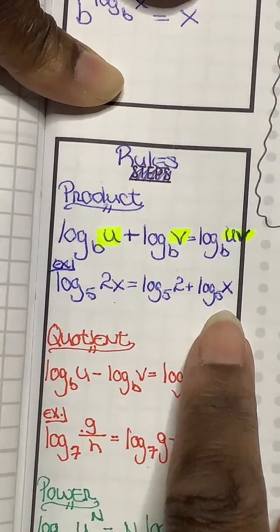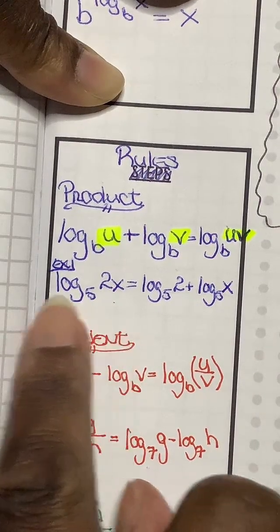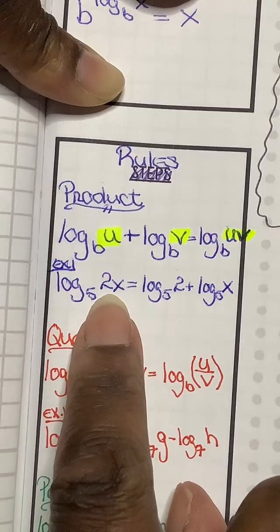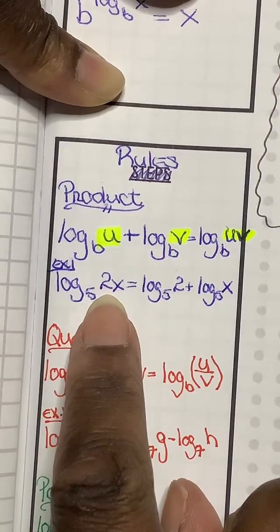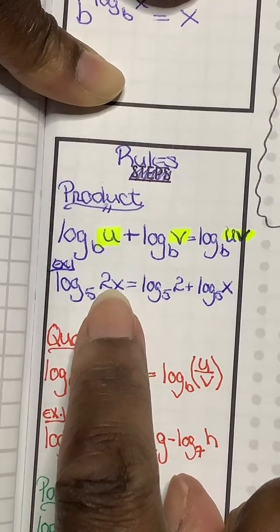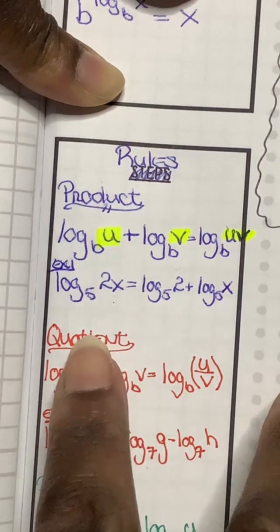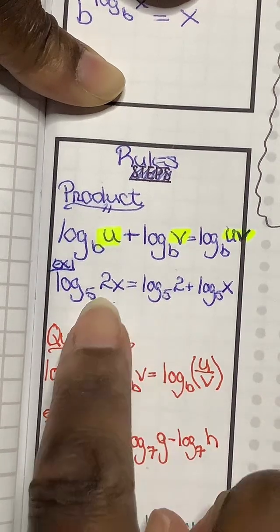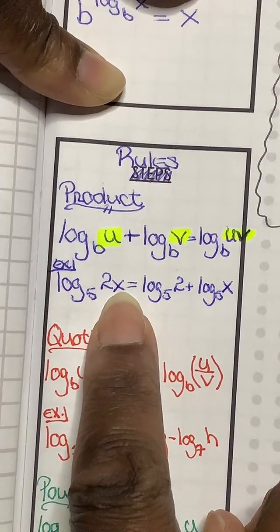So here's an example that I have. If I have log base 5 of 2x, 2x means 2 times x. So I want to separate that 2x into two different products. One's going to have the 2 in it, and the other one's going to have the x in it.